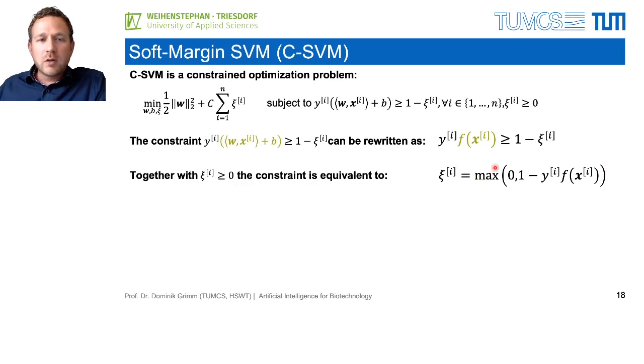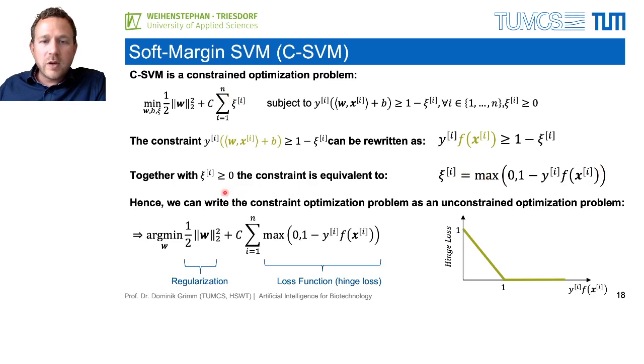And why is this important or helpful? Because now we can substitute this xi with this formula, and then the constrained optimization problem is converted into an unconstrained optimization problem of the following form.